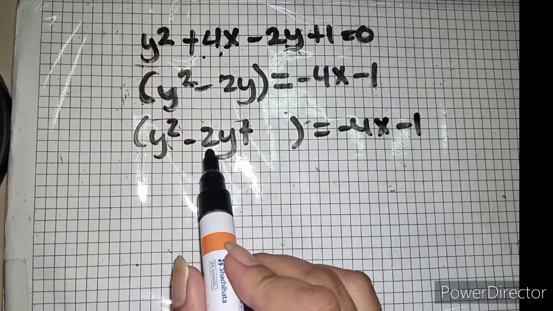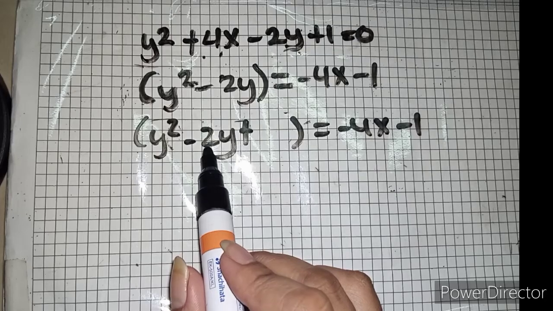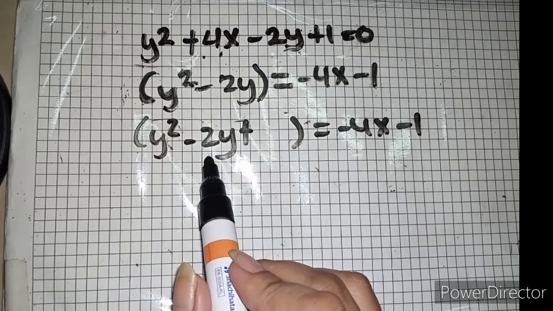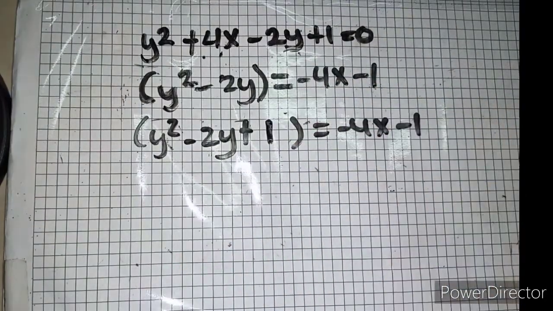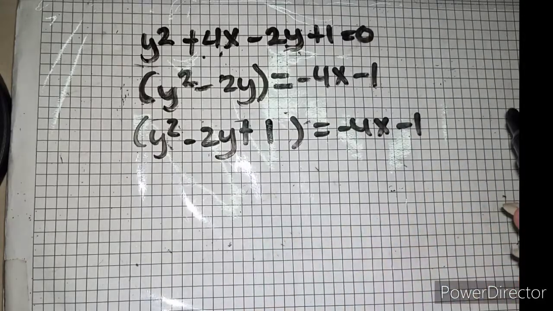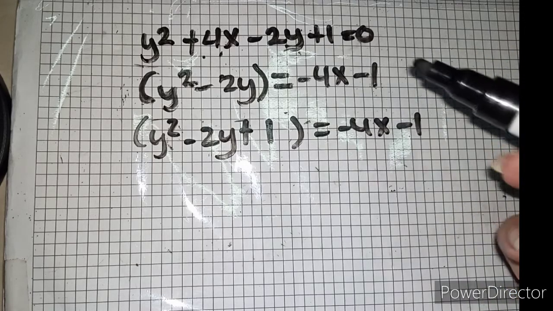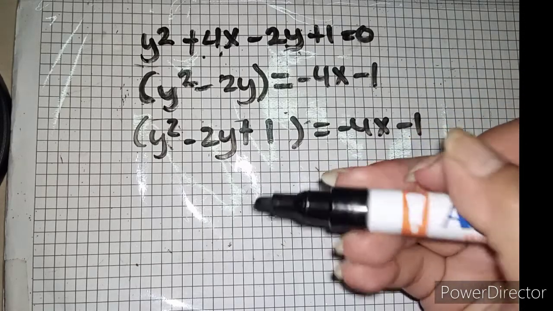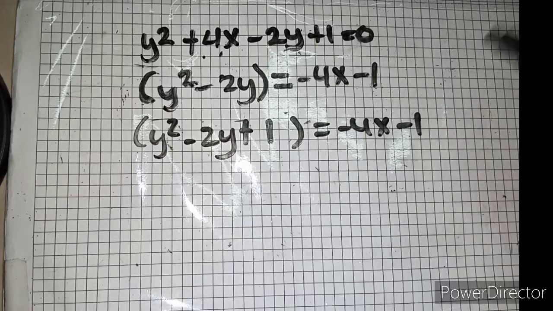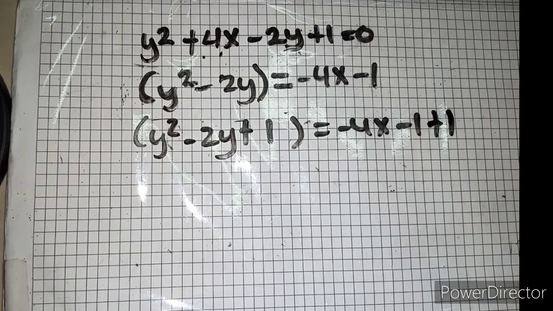Puntahan natin si middle term, divide it by 2, then squared. So, 2 divided by 2 is 1. Then, 1 squared is 1. Since we add 1 here, dapat mag-add din tayo ng 1 outside. Okay? Kung ilan yung idinagdag natin sa loob ng equal natin, ganun din dun sa labas. So, mag-add tayo ngayon ng 1 sa labas.